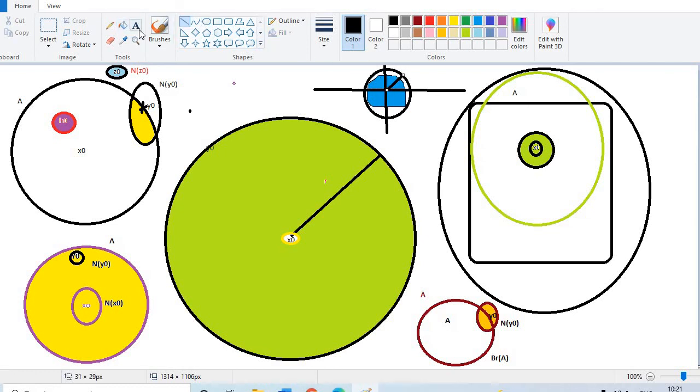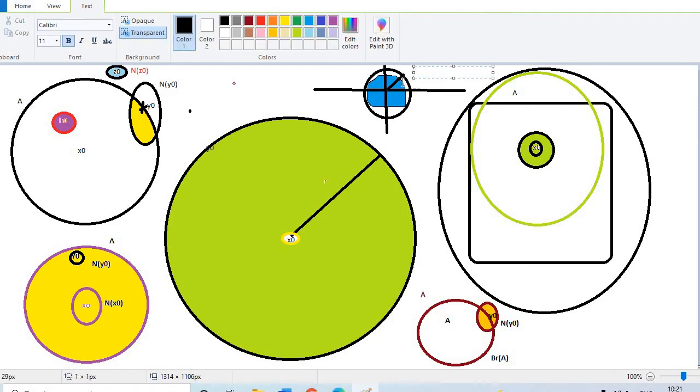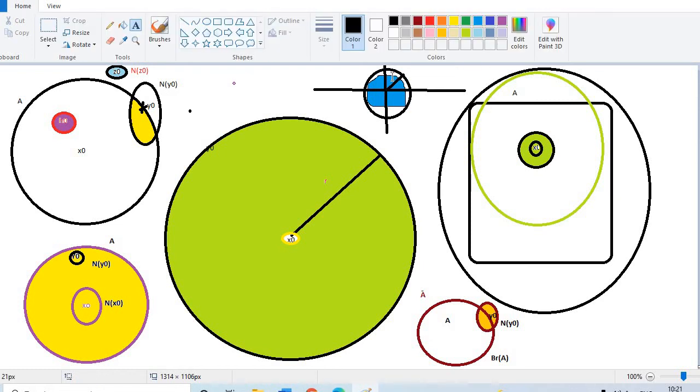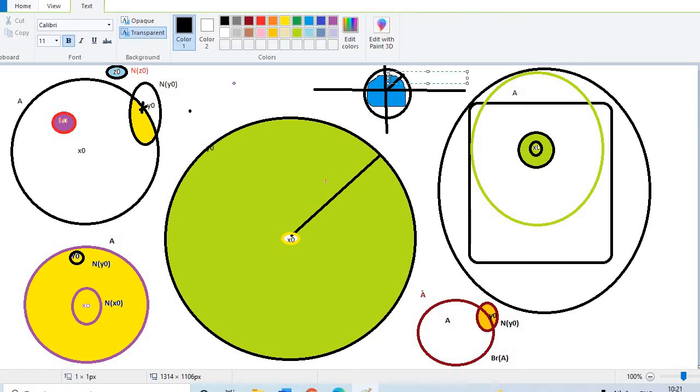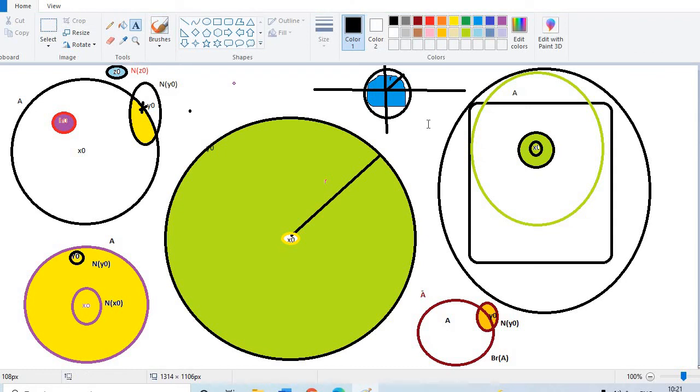This is R. Okay, so this is R, radius of that circle. So this lamina, the maximum distance of this lamina is R. Okay, so that is the idea.